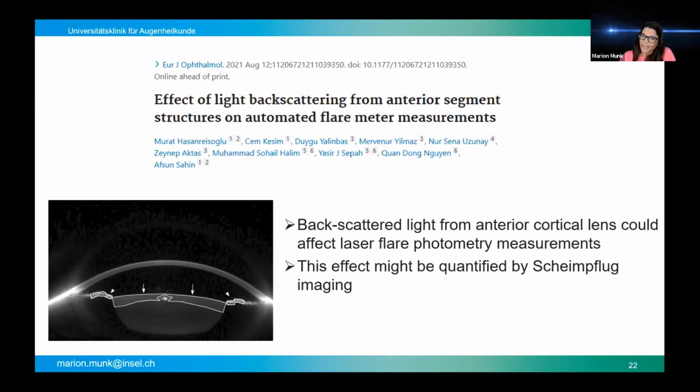Of course, you can quantify this kind of bias if you do a Scheimpflug image. But nonetheless, then you would need an additional image and an additional device to monitor the potential bias of, for example, cataract development, or whether the patient is pseudophakic. So this is definitely one of the downsides.